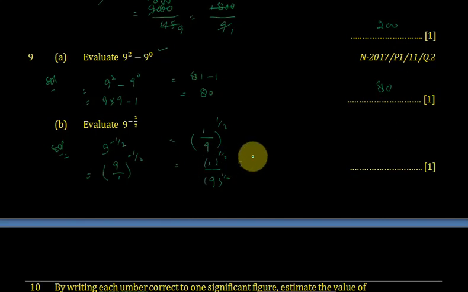So 1 to the power 1 upon 2 means 1, and 9 to the power 1 upon 2 means under root 9. Power 1 upon 2 means under root. So it can be further written as 1 upon under root 3 squared. So root goes with square, so it becomes 1 upon 3. So the answer is 1 upon 3.